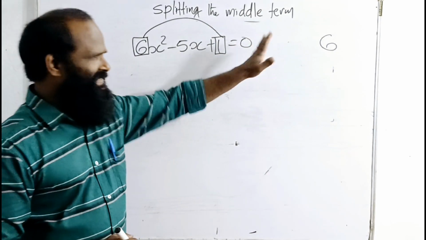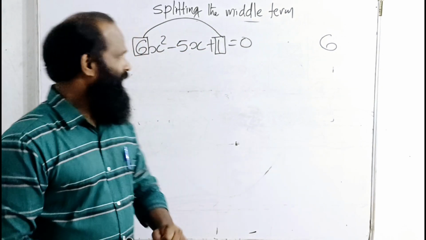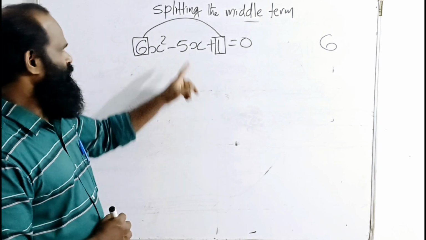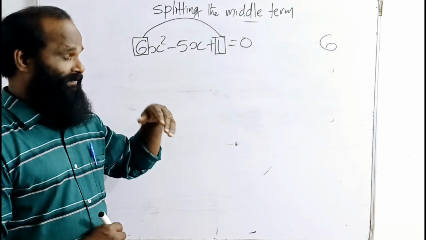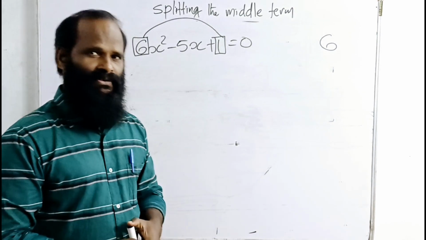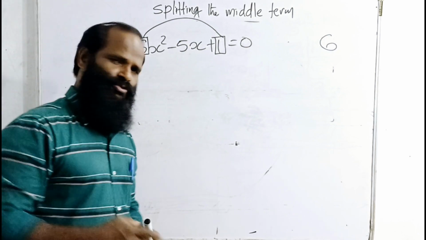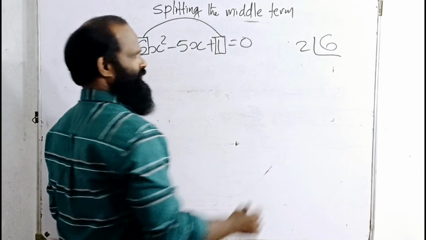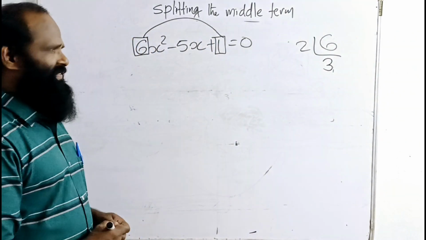From the factors of 6, form two numbers and add them to get 5. Keep that in mind while we factorize. 2 threes are 6.